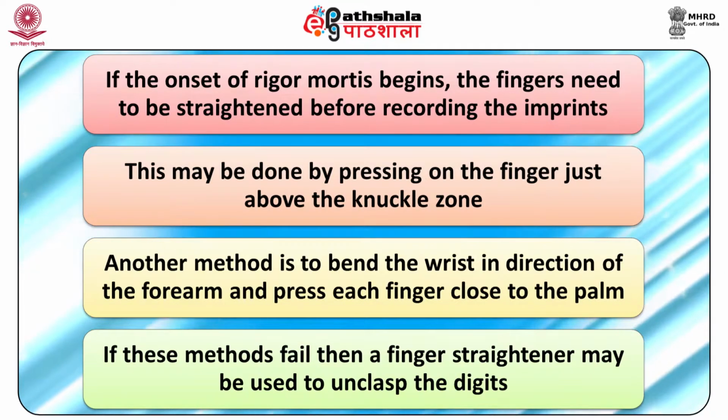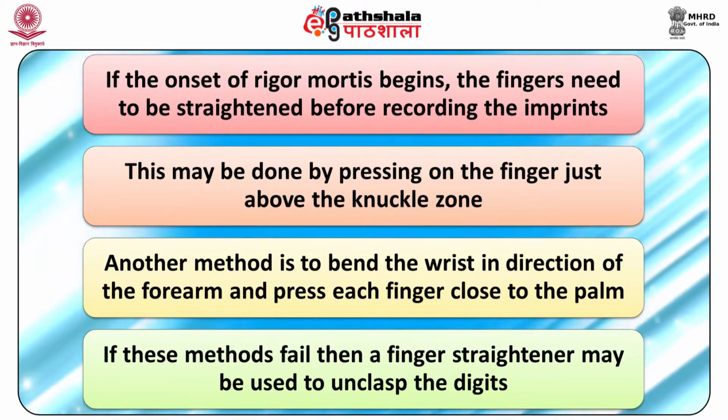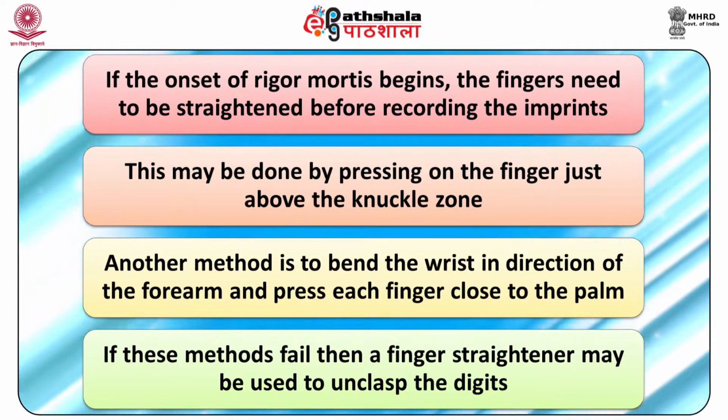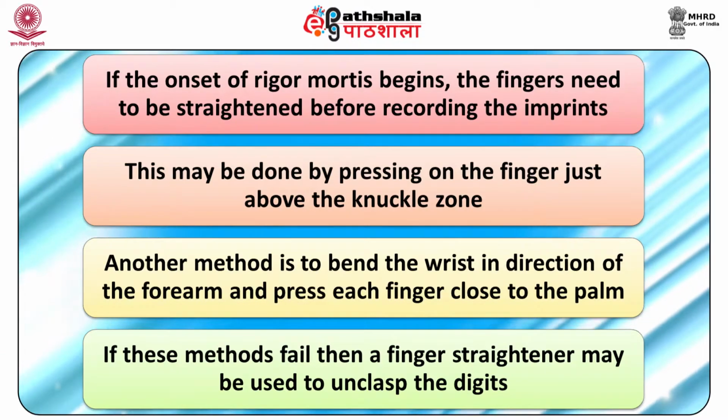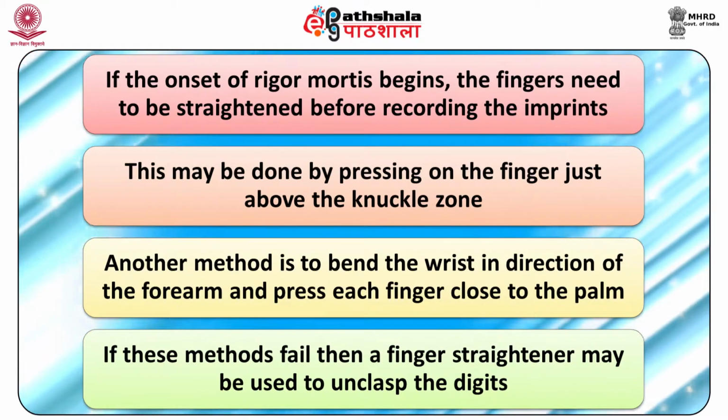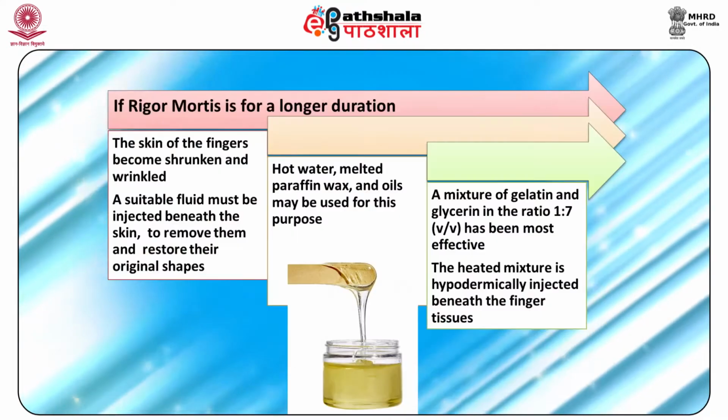Another method is to bend the wrist in direction of the forearm and press each finger close to the palm. If these methods fail, then a finger straightener may be used to unclasp the digits.